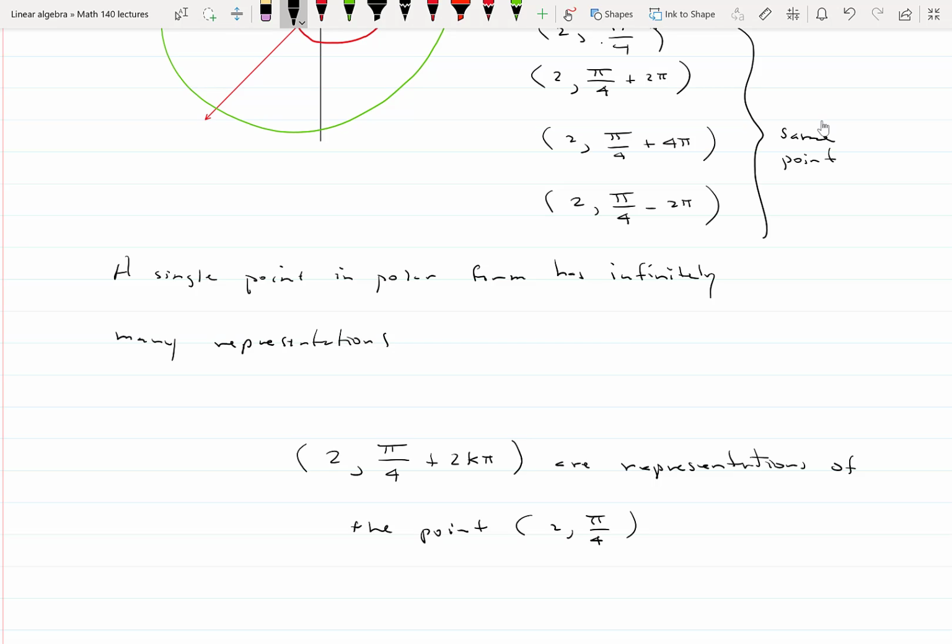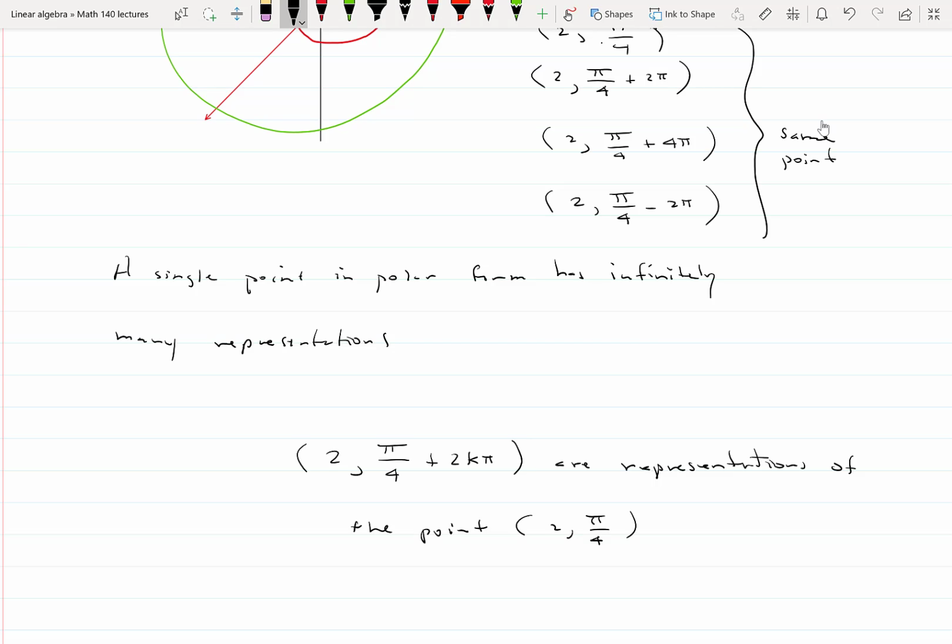This is one of the three big problems that students have with polar coordinates to begin with. It's kind of unsettling. You think one point gets one representation, but no, we have infinitely many.